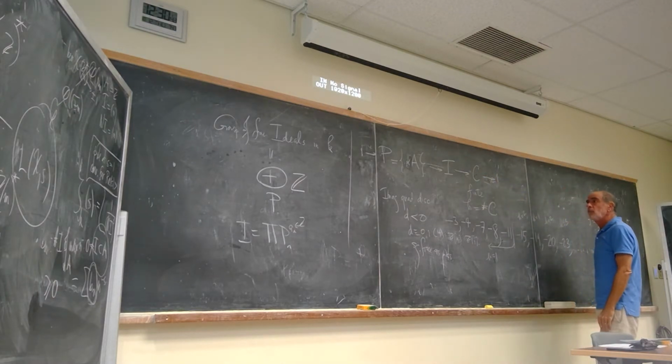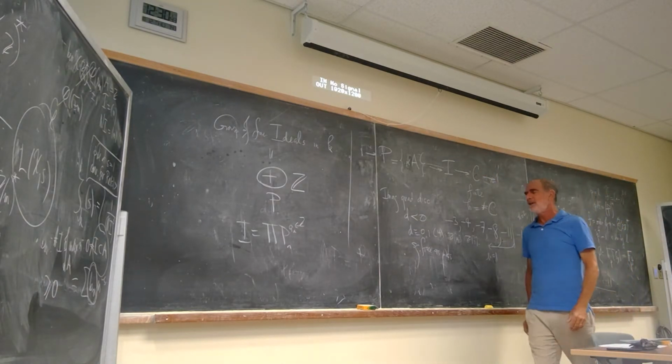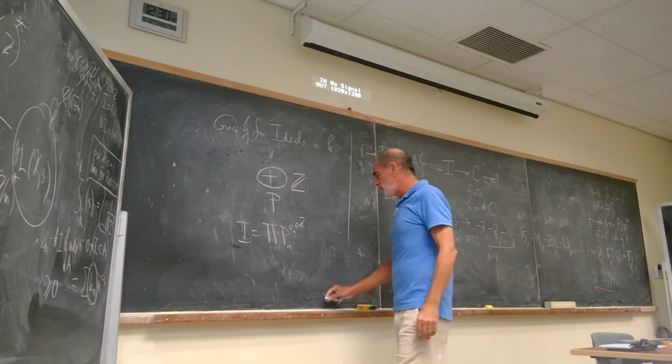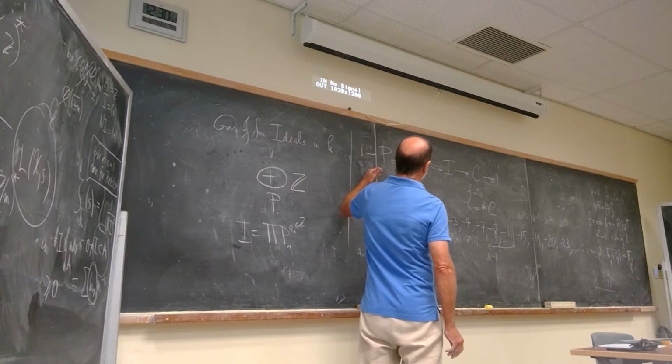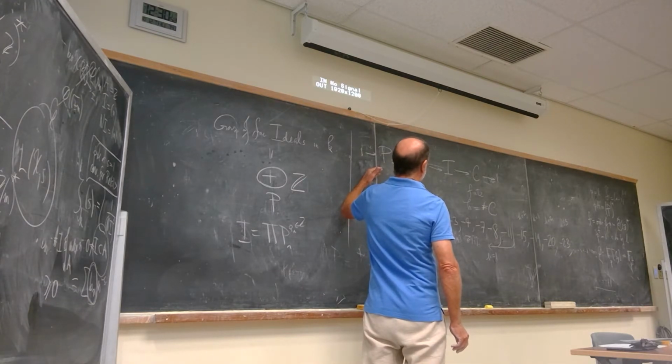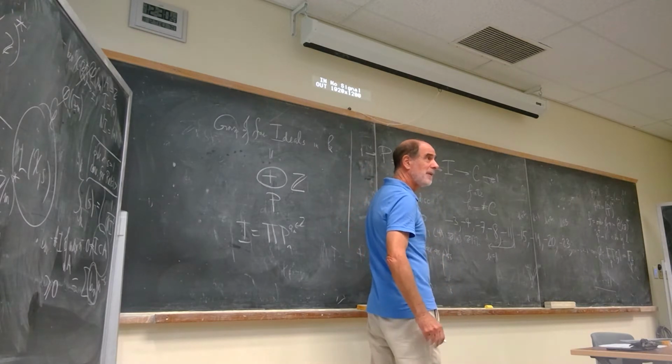There's a lot of evidence, not only that the class number goes to infinity for imaginary quadratic fields, but these conjectures of Cohen and Lenstra say basically that the class group is a random finite abelian group.